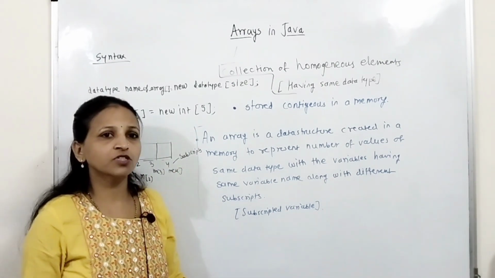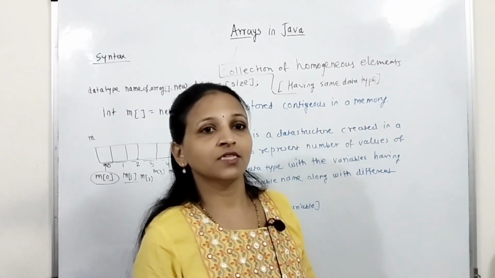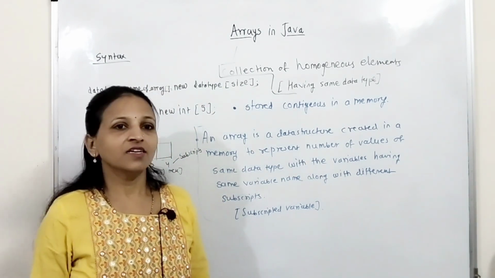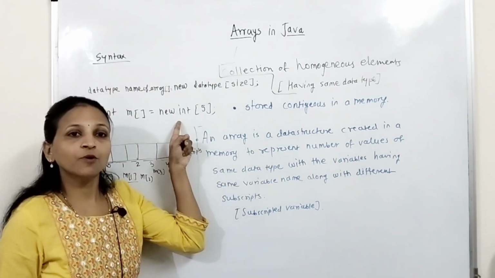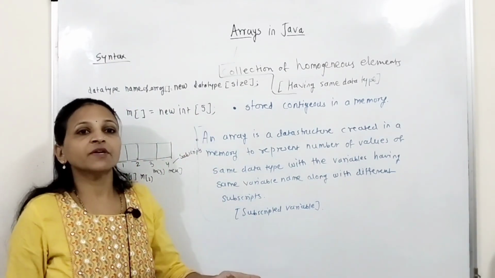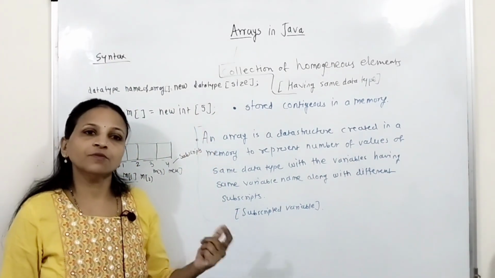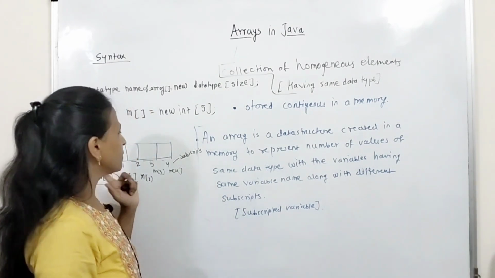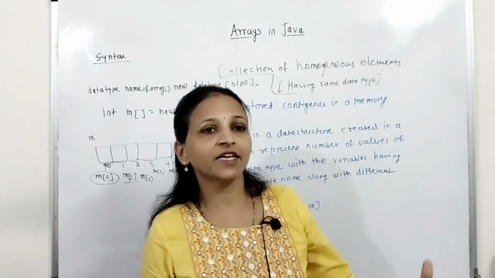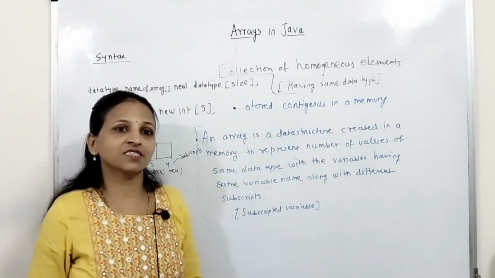If you want to store the temperature of cities, then you can create a double array or float array. Here you just have to write that type of data type, and whatever number of elements you want to store, that size you have to mention. The internal structure will be the same, but only the byte difference is there. If you are creating a character array, then every character will take 2 bytes.